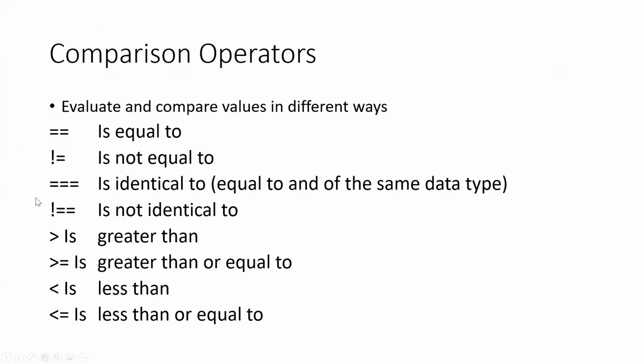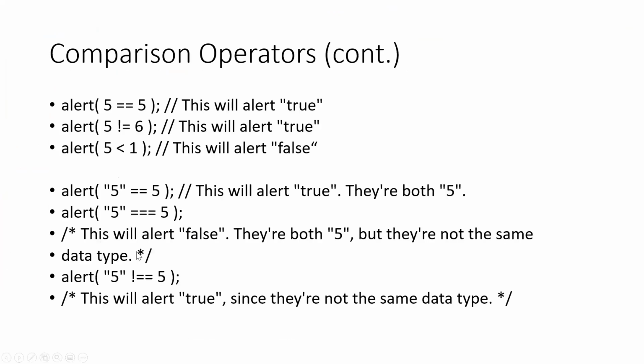And the next one is whether it's not identical to, right? If it is not identical to, that means you check both the values as well as the data types. The others are similar, so I do not think we need to spend time on this one. So here are some examples which we will get, right?